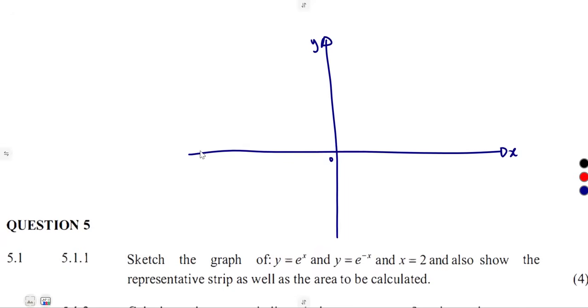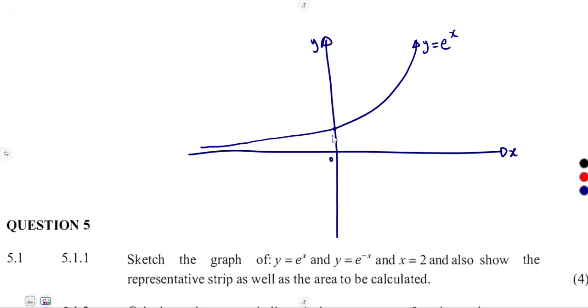I have done a video about exponential graphs, maybe I did not post it. Maybe I'm just gonna need to find time, upload it, so that those who want the basics can check.